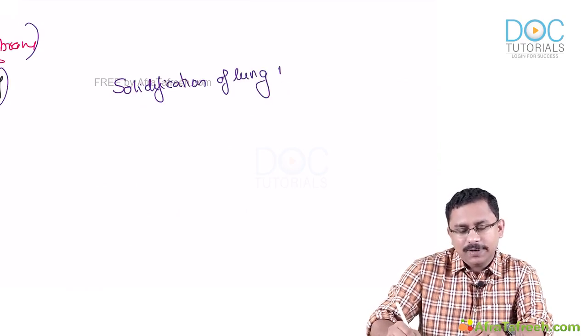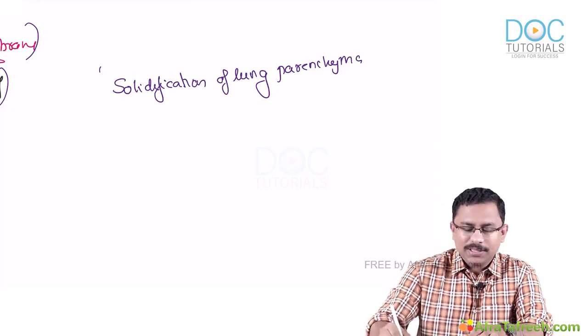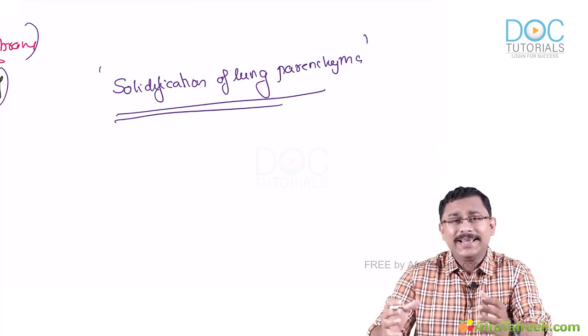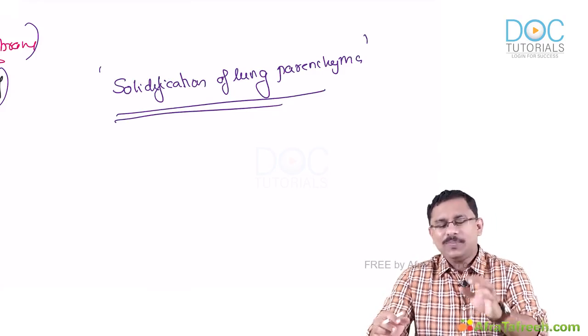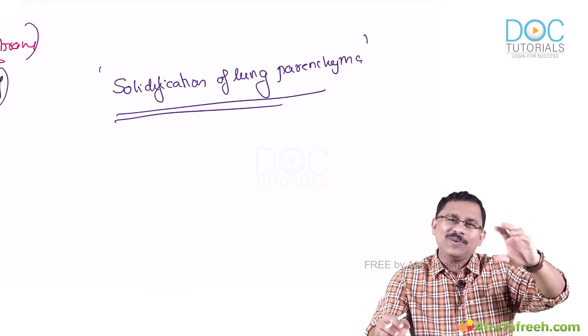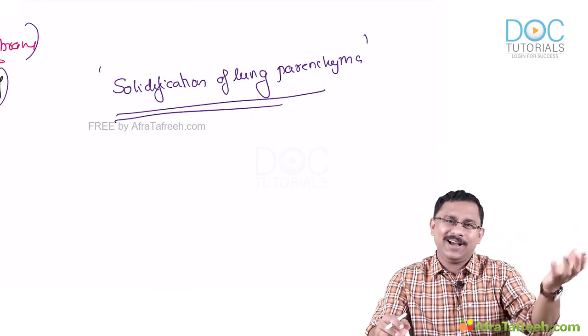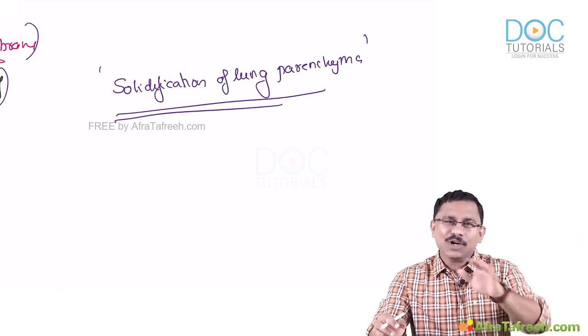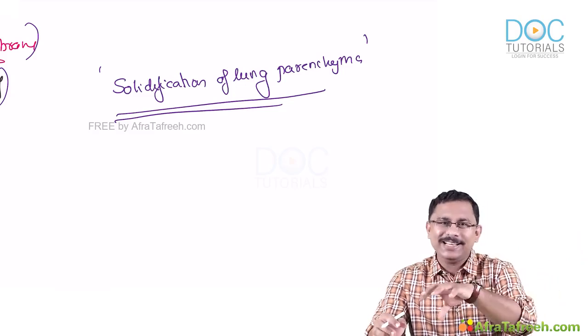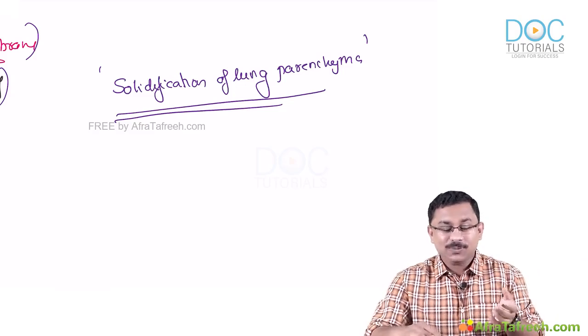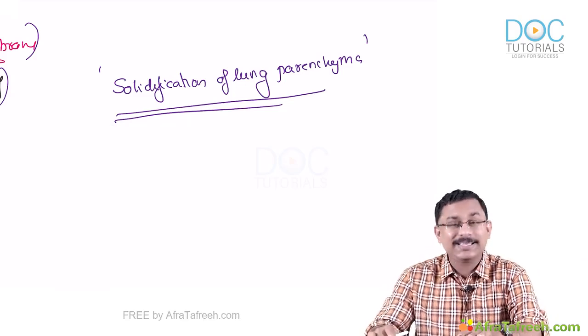Which means all your exudates, the inflammatory cells, will be filling up. So because it is from the normal pneumatic phenotype of a lung where you have air, it is almost like it is becoming a solid organ, at least in that particular part. So that is why you coin this as a red hepatization.